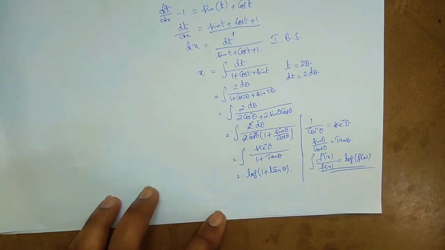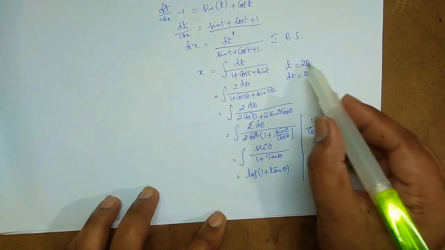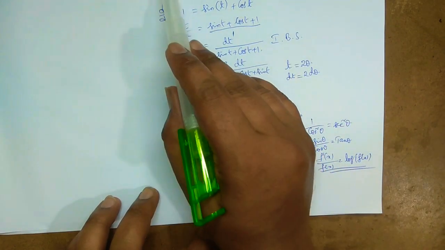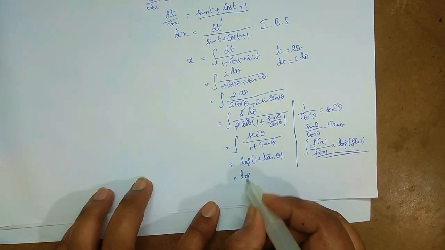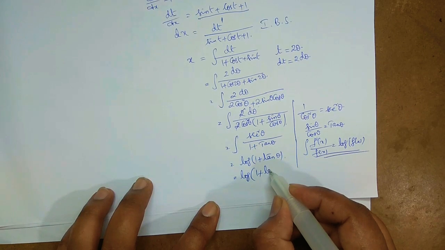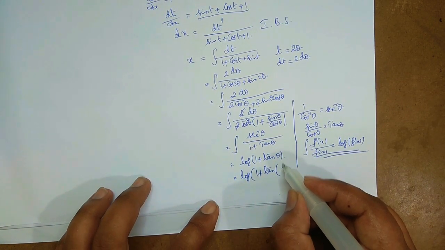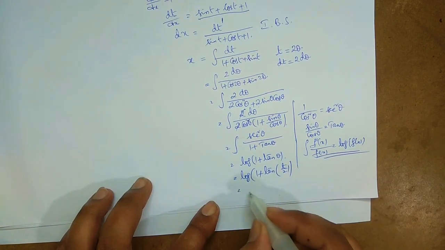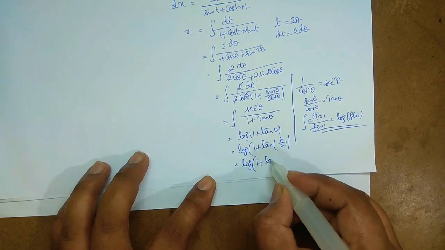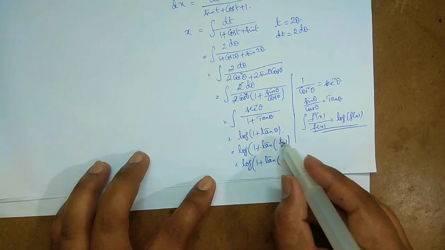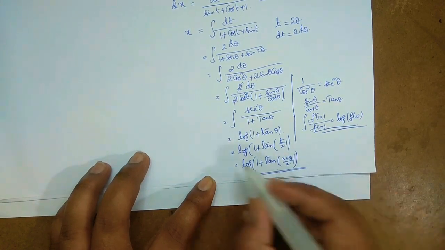Now you need to go in the reverse manner where you need to substitute theta equal to t by 2 where t is equal to x plus y. That I am substituting here. Log of 1 plus tan, what is theta here? Theta is equal to t by 2, and again t is equal to x plus y. So this is x plus y by 2. So this will be your final answer.